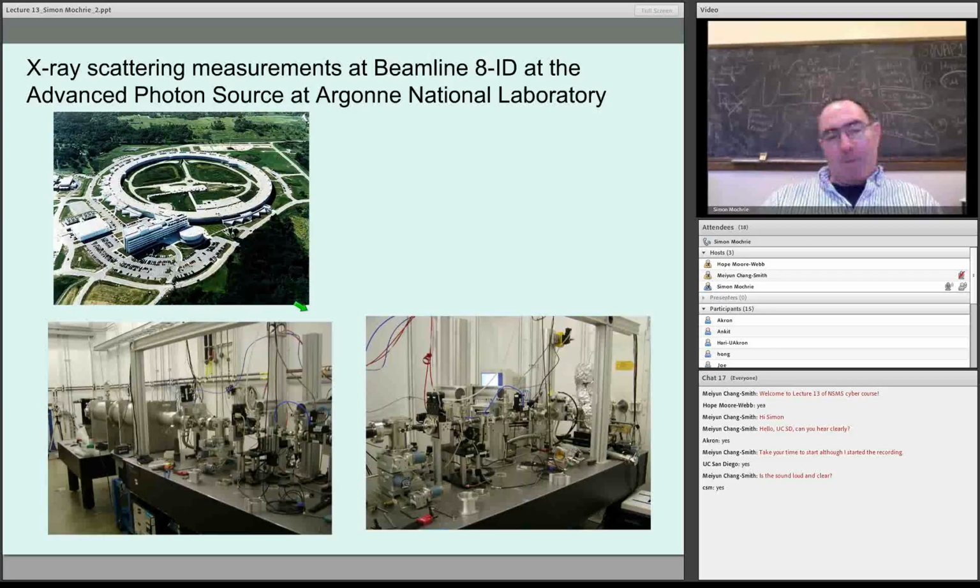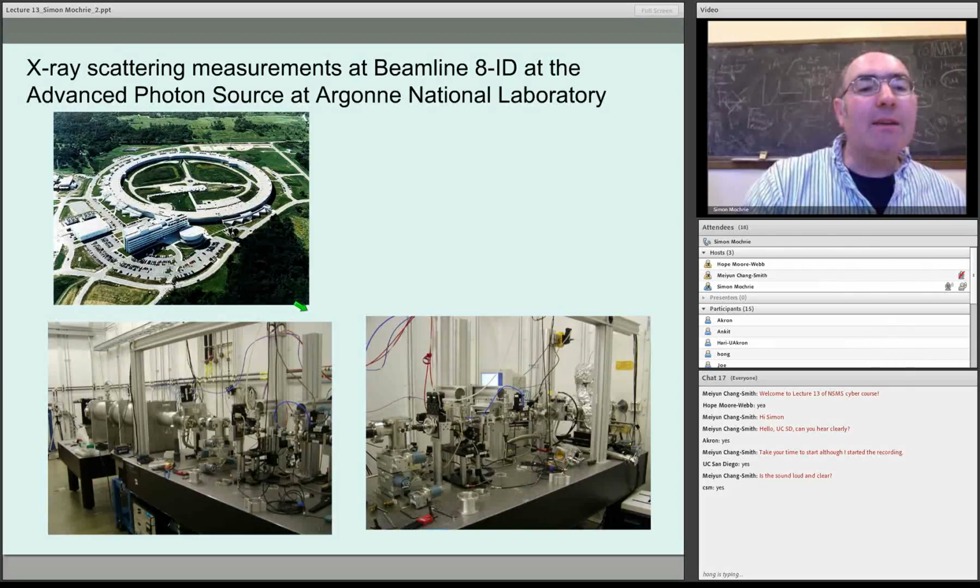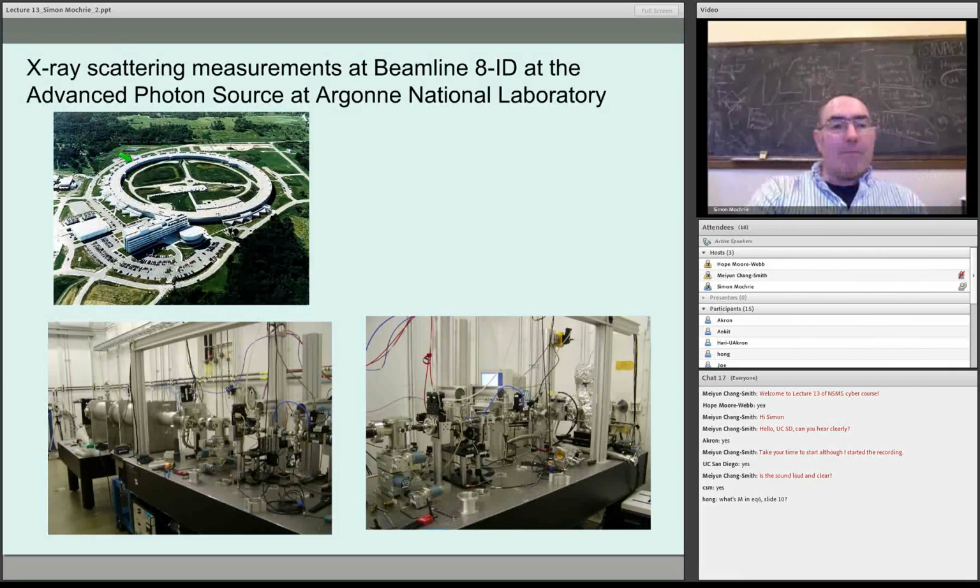So here's a couple of pictures of what an XPCS experiment looks like. This is the APS, and the experiments are happening somewhere over here. There are a bunch of hutches, and this is a picture looking towards the synchrotron, towards the beam, and the beam is coming through this hole in the wall, and it proceeds through, I think, a monochromator there.